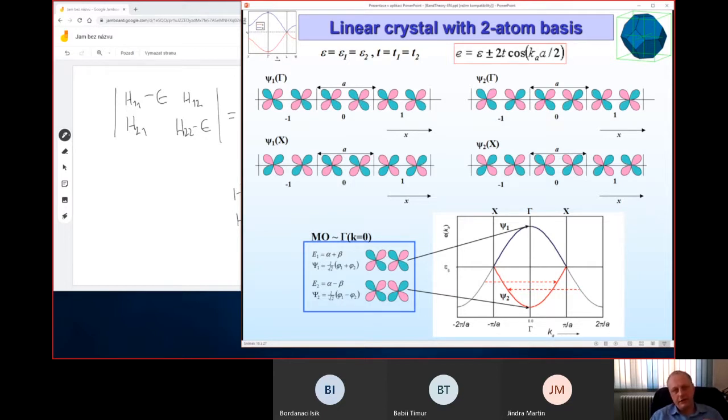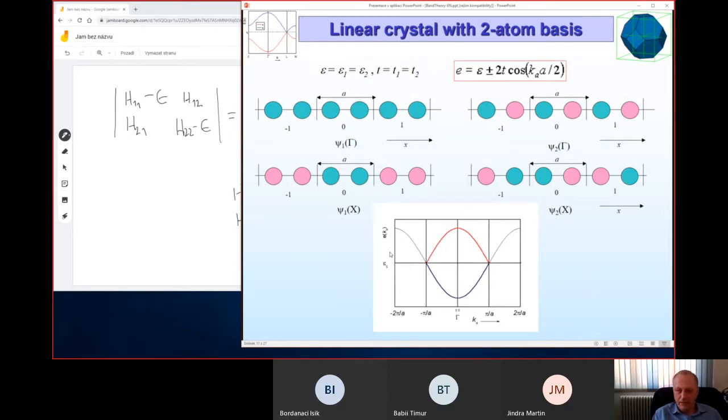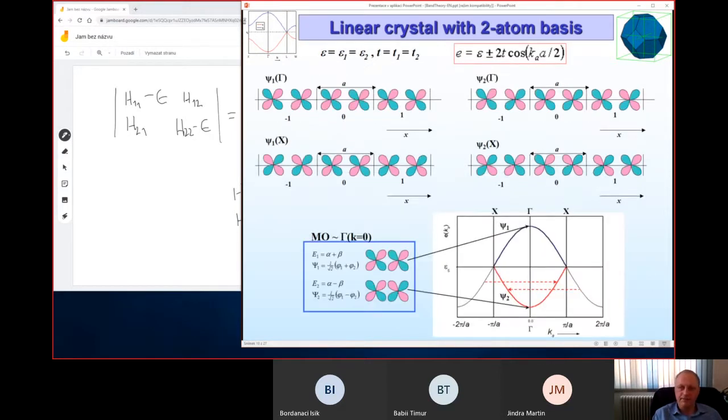If we consider orbitals which are anti-bonding at the gamma point originally and bonding at the X point, we have the opposite trend. But in fact, the resulting picture is the same, as the band dispersion is exactly the same as in the previous case.